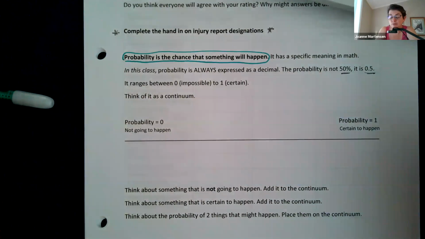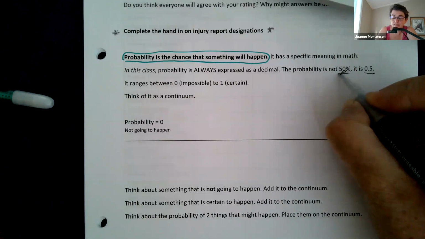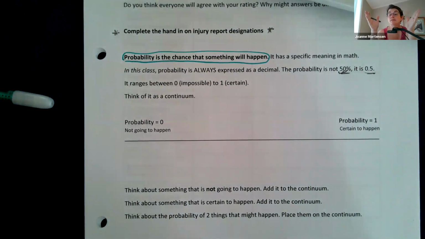It's not a huge deal, but all you do is divide by 100 or move the decimal 2 places to the left to change it from a percent to a decimal. And the range is always going to be between 0 and 1. So 0, not going to happen, and 1 has to happen.